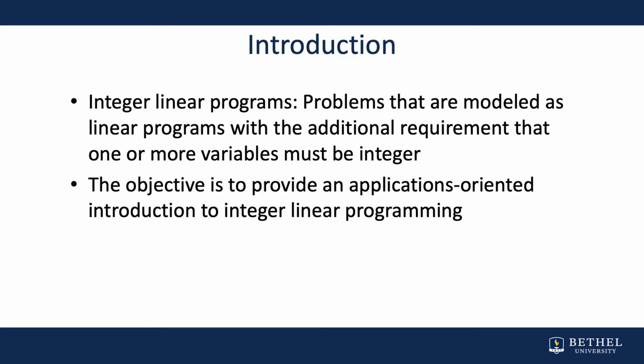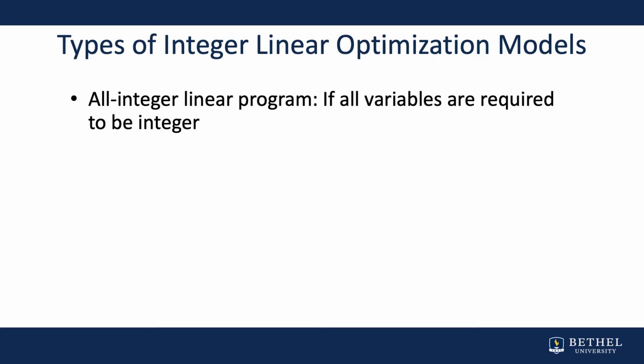The objective is to provide an applications-oriented introduction to integer linear programming. What types of optimization models are we going to deal with if we're dealing with integers? Here's a couple. We have the all-integer linear program, where all variables are required to be an integer.